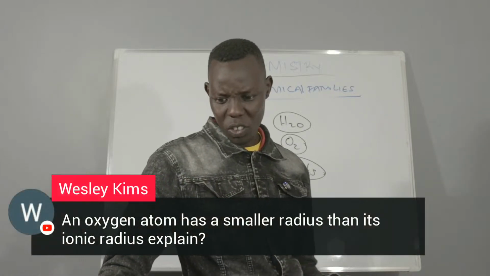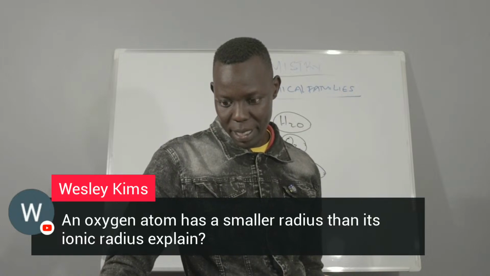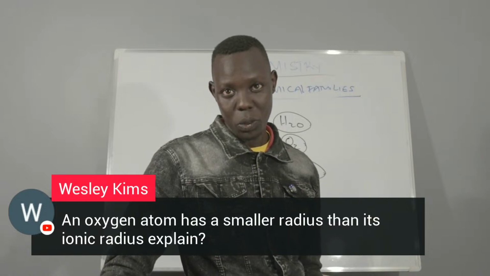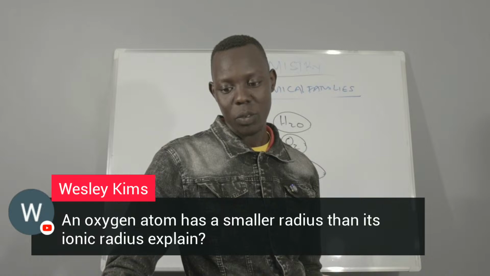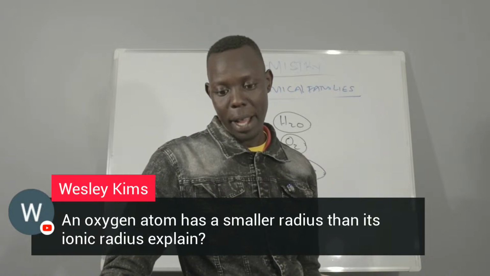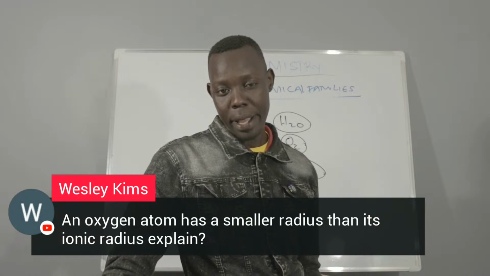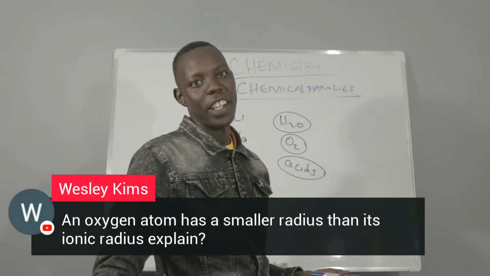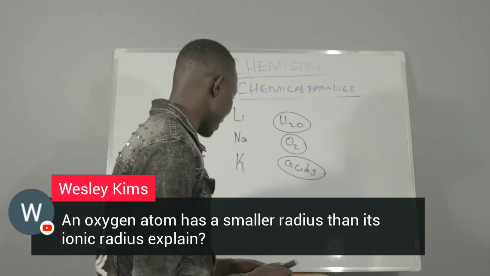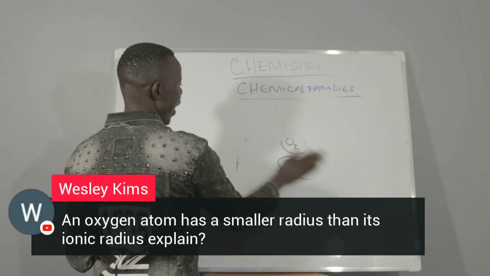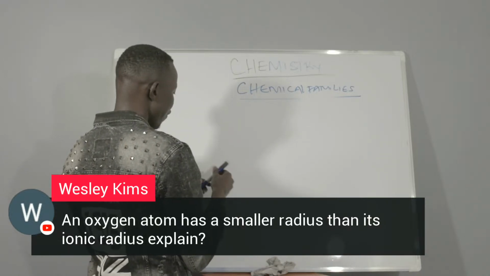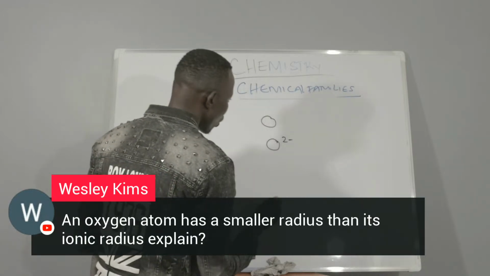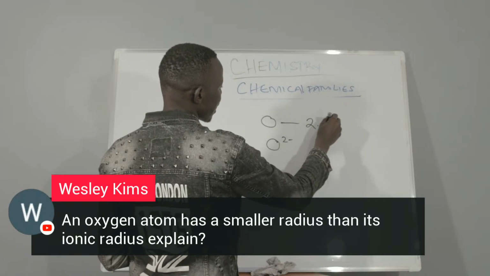Oh, there is a small question. Someone says an oxygen atom has a smaller radius than its ionic radius. Explain. In the beginning of the topic, I explained why the chlorine ion is larger than the chlorine atom. So even in this case, let me explain this so that we can end it there for today. We have the oxygen atom, then we have the oxygen ion. The oxygen atom has 2:6.